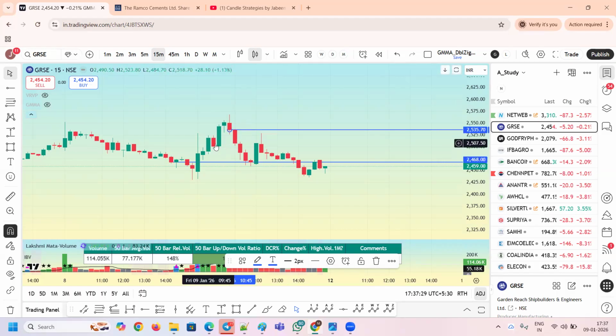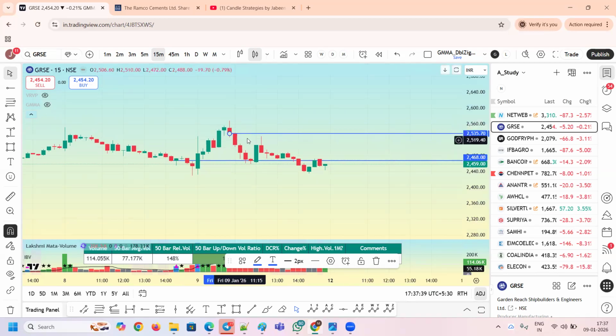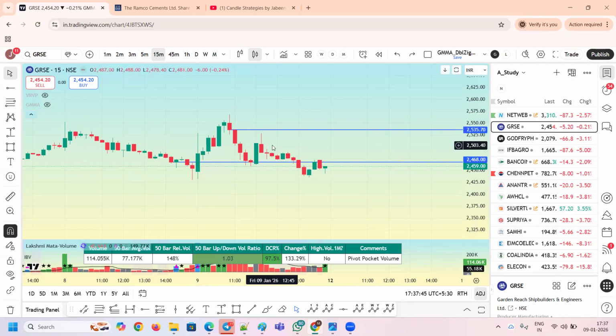This is a good candle, right? It is not a small candle like this. It's a big candle. And the moment you see this, you can also think that you can do a downward journey here. This candle is bigger than this, correct?